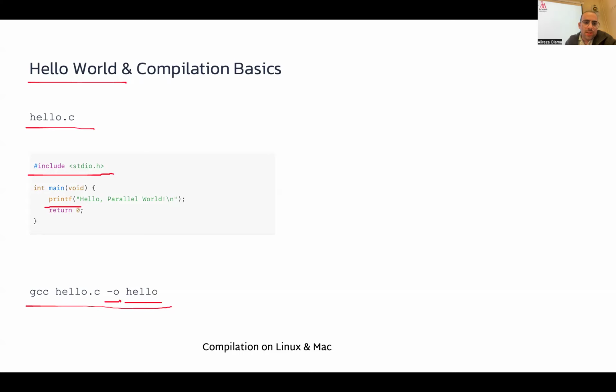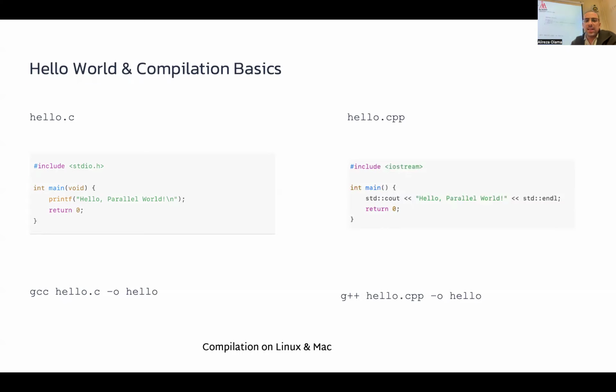I will show you a demo in a second, but before that, let's see how we can do the same thing in C++. In C++, your file extension is CPP or CXX, but we use CPP. For printing a string to the screen, you just need to include this iostream library provided by C++.